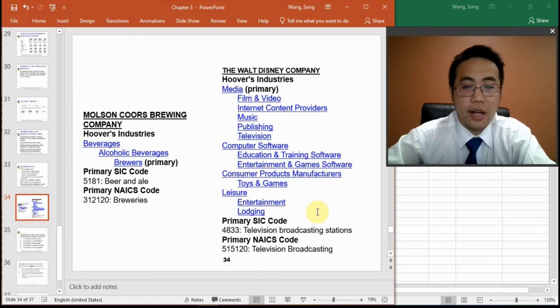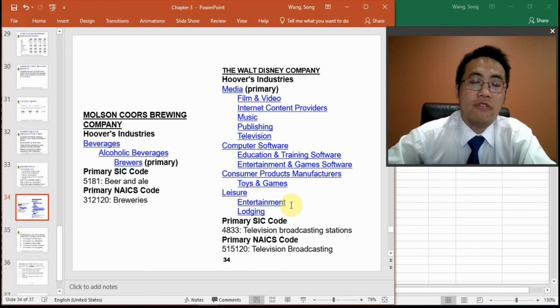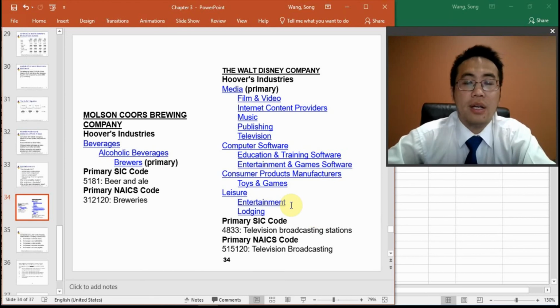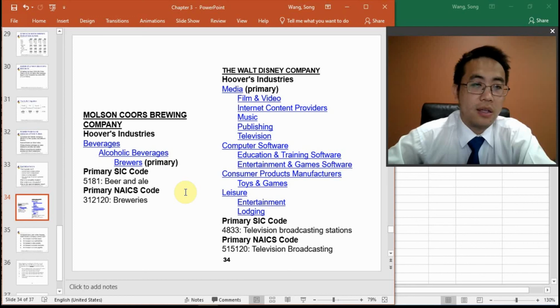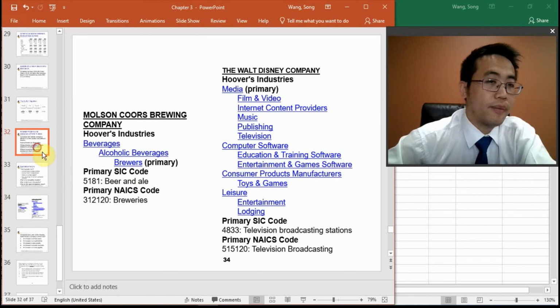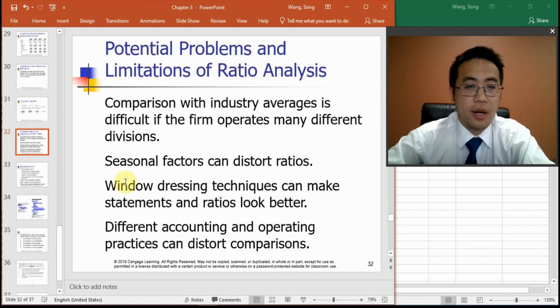So they have different segments, and it's very hard to find a benchmark company to compare with. On the other hand, for a single segment firm like Molson Coors Brewing Company, they produce beers. They only have one line of business, so it's very easy to compare. So that's one of the problems here.